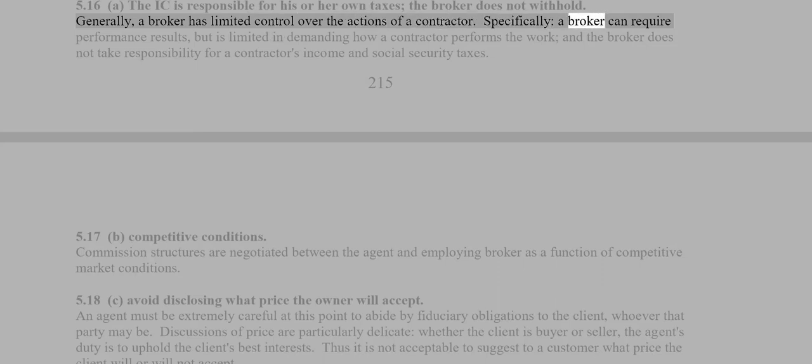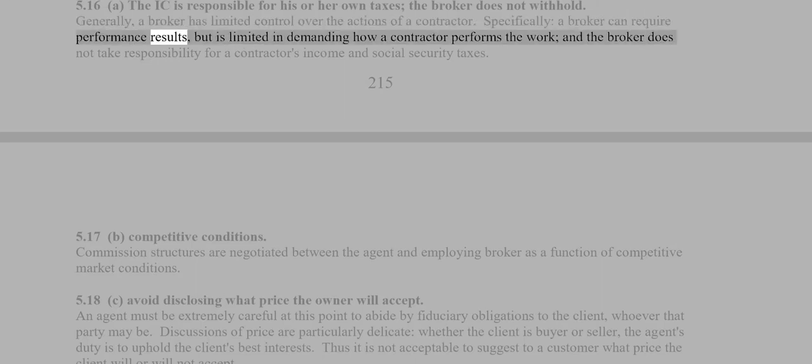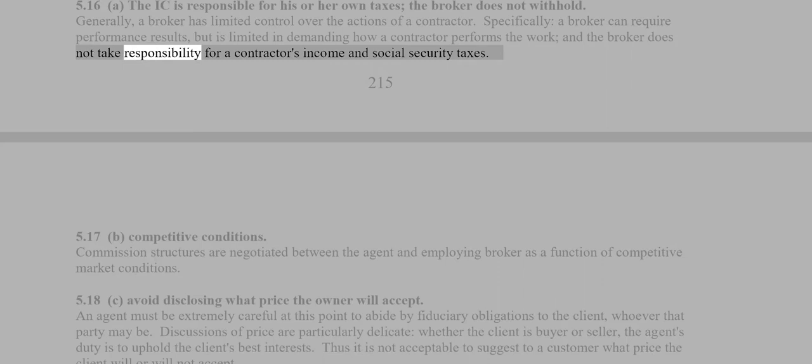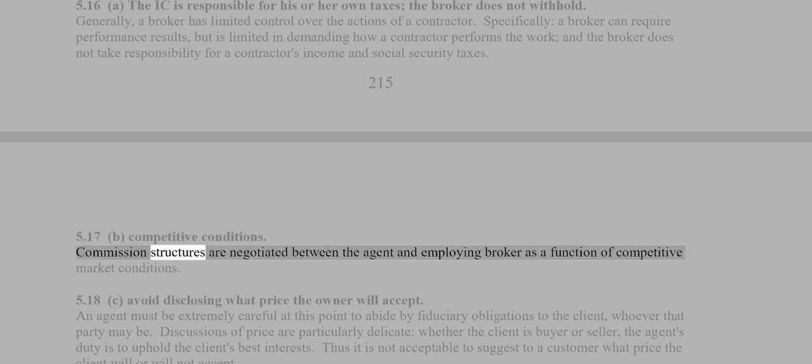Specifically, a broker can require performance results, but is limited in demanding how a contractor performs the work, and the broker does not take responsibility for a contractor's income and Social Security taxes. 5.17 b. Competitive conditions. Commission structures are negotiated between the agent and employing broker as a function of competitive market conditions.